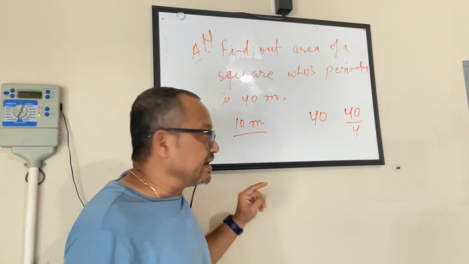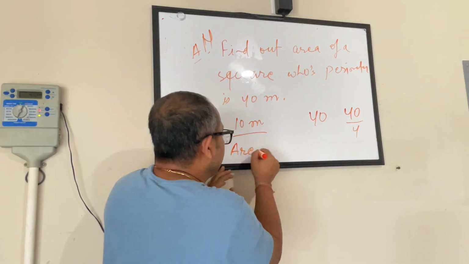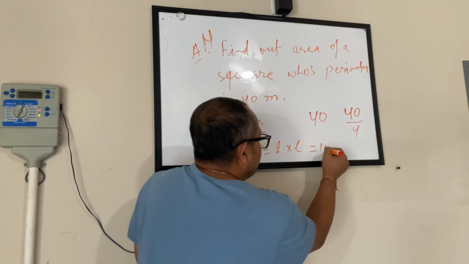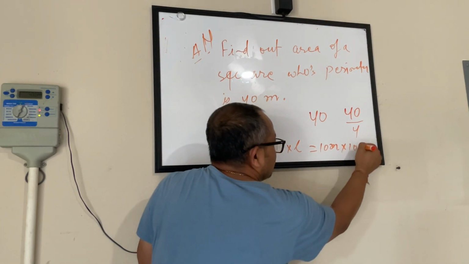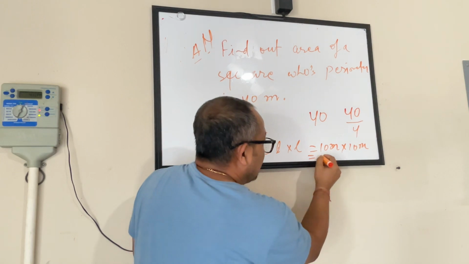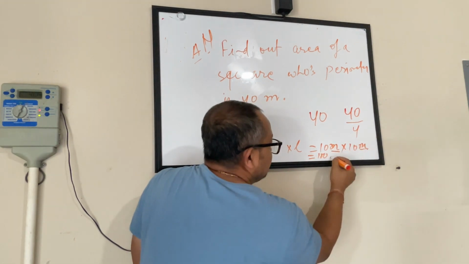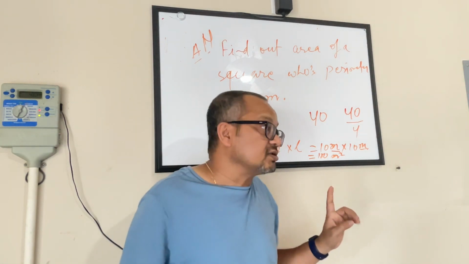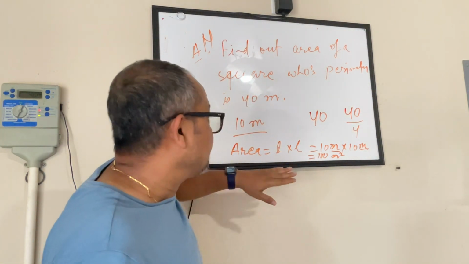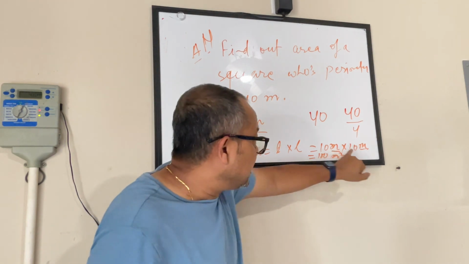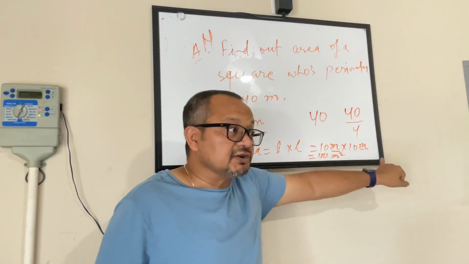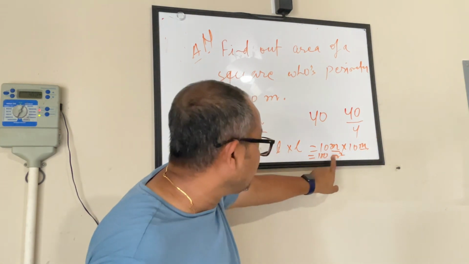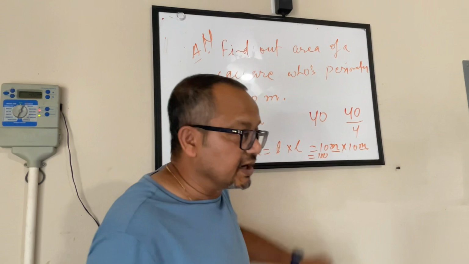Now if I have to find out the area, area of a square is length into length, that is 10 meters into 10 meters. That is 100. Meter into meter is meter square. Remember one thing: whenever we calculate area or perimeter, never ever overlook the unit. If you just say 100, this is not correct.